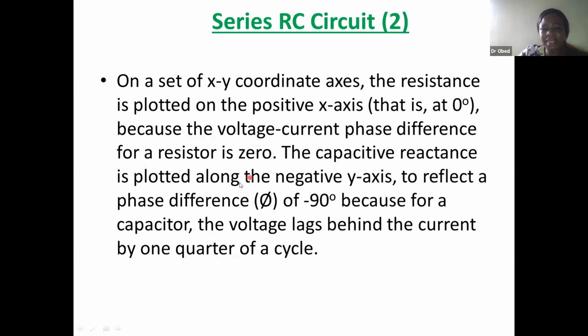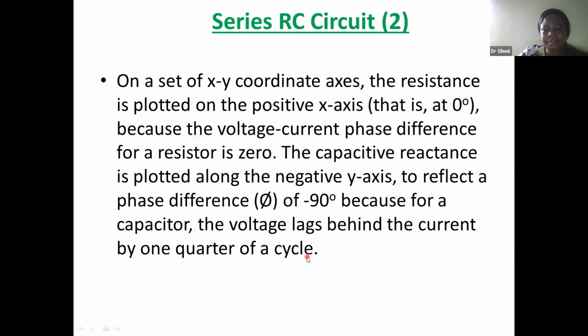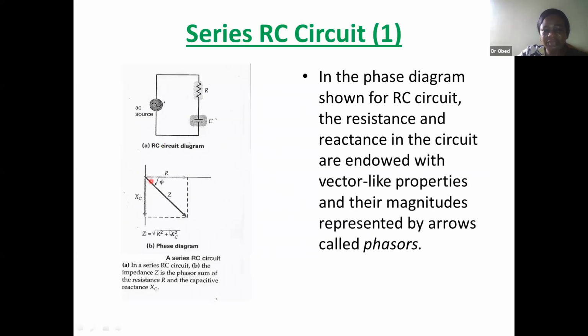The capacitive reactance is plotted along the negative y-axis to reflect a phase difference of minus 90 degrees, because for a capacitor, the voltage lags behind the current by 1/4 of a cycle. So that is how this phase diagram came about.